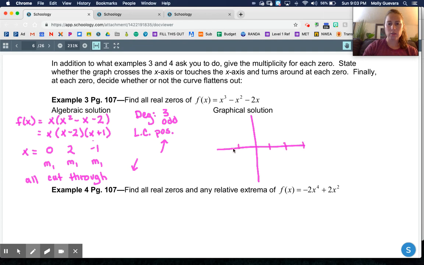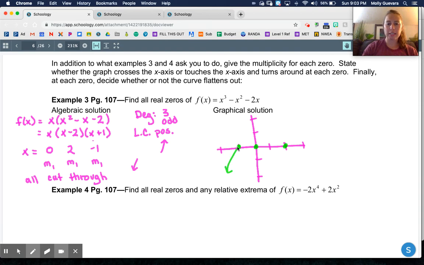Okay, so I'm going to change colors. I know that I have an x-intercept at 0. I know I have an x-intercept at positive 2, and I know that I have one at negative 1. Okay, now on the furthest left, I know that it's going down.